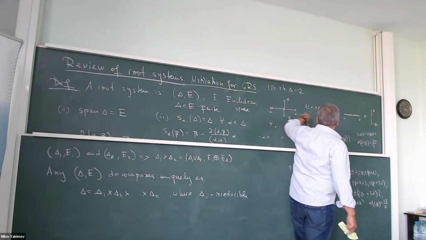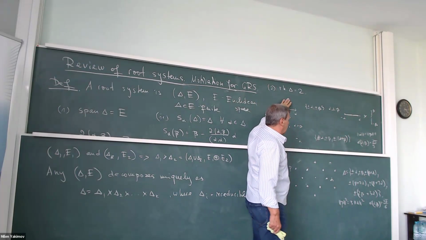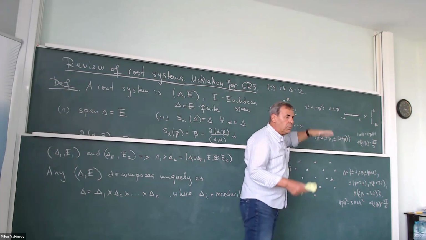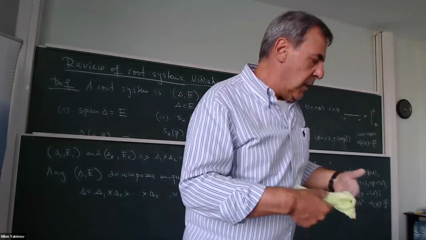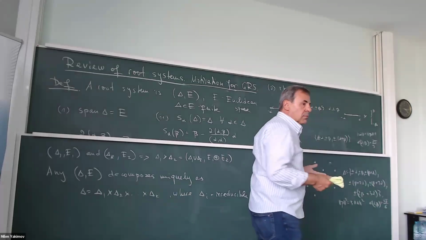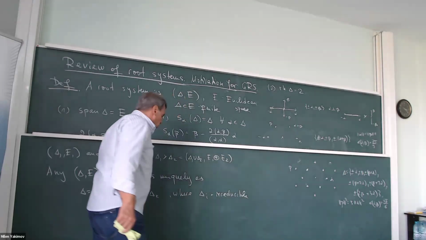And I don't want to distinguish between two copies of one and two systems of this form, just because the relative lengths of the roots are different. It doesn't matter because we decompose.